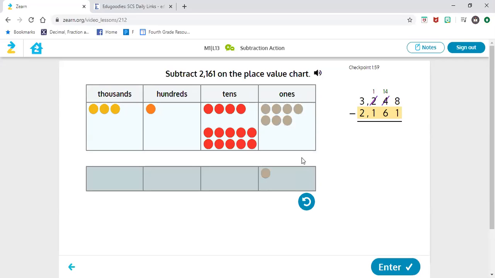So I'm going to take away 1. I have 14 tens and I need to take away 6 of my tens. 2, 3, 4, 5, 6. Okay, I have 100 and I need to take away 1. And I have 3,000 and I need to take away 2.